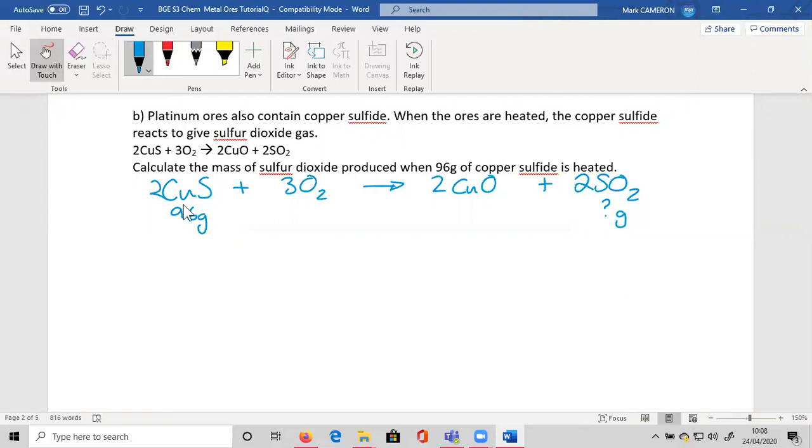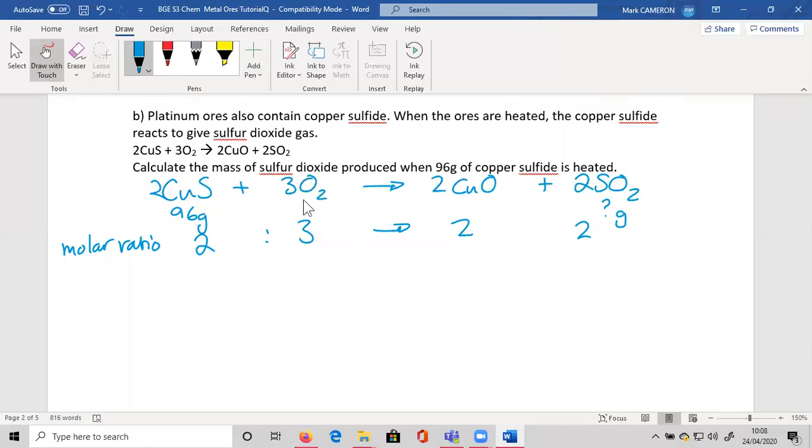Why? Because chemical reactions always react in a ratio. This molar ratio, which I'm going to write below here, is 2 moles of copper sulfide reacts with 3 moles of oxygen to make 2 moles of copper oxide and 2 moles of sulfur dioxide.